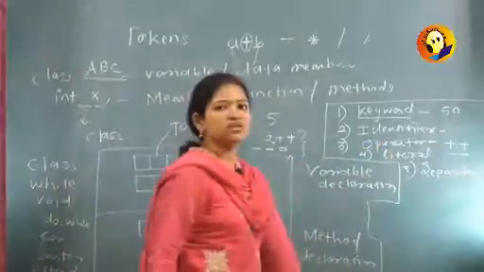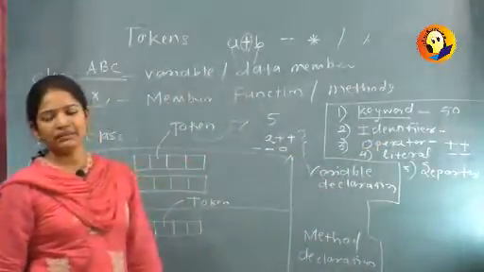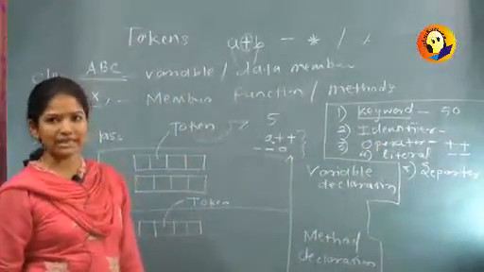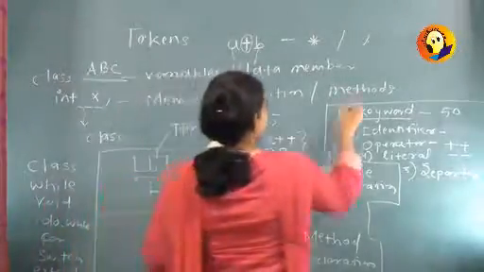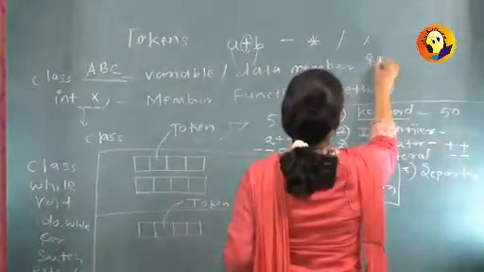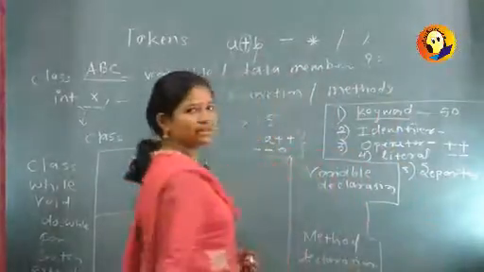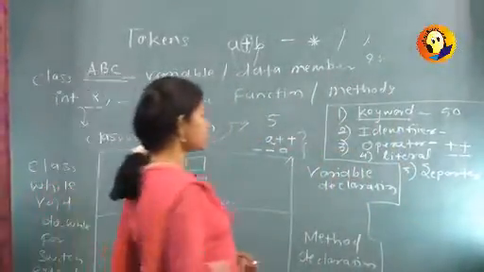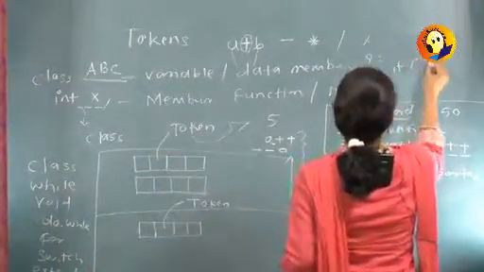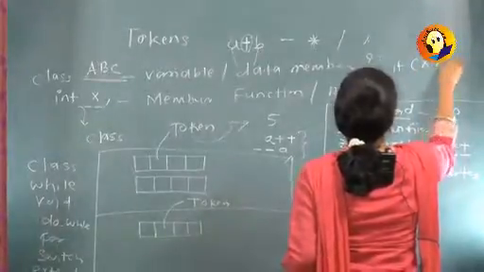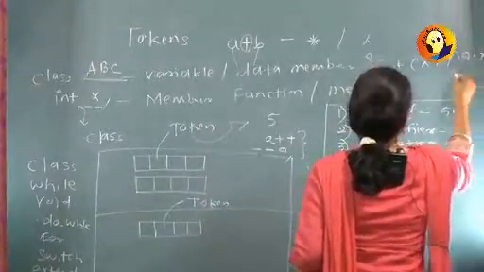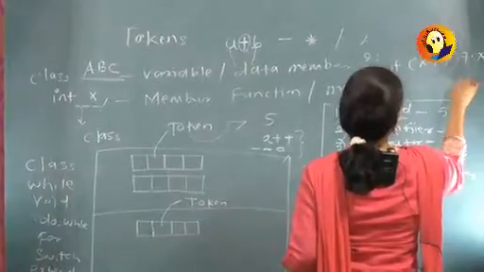And third, the operator which operates on three operands is called the ternary operator. There is only one ternary operator, the conditional operator, which works on three operands. Let's say if x is greater than y, then allocate x, else allocate y.